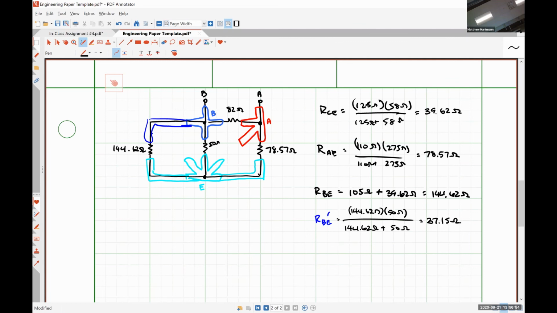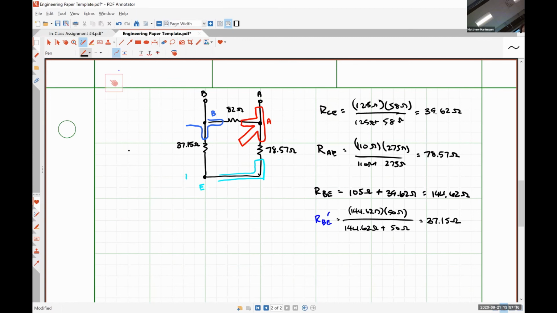All righty. So we're going to erase all this junk over here. 37.15. All righty.